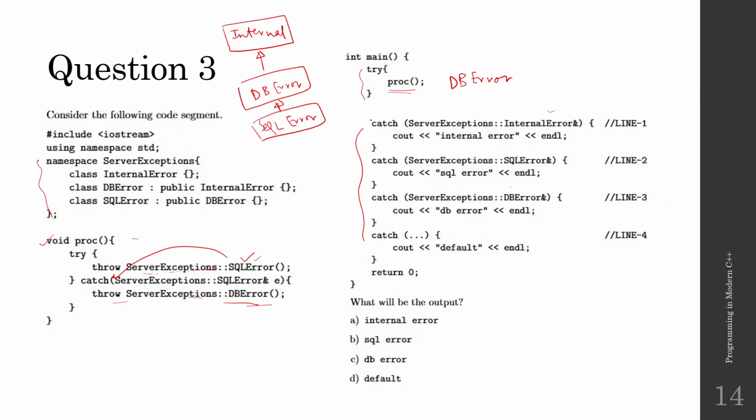So the first catch block will be matched, and the sentence internal error will be printed. So the output in this case is A. Okay, anybody has any questions on this?